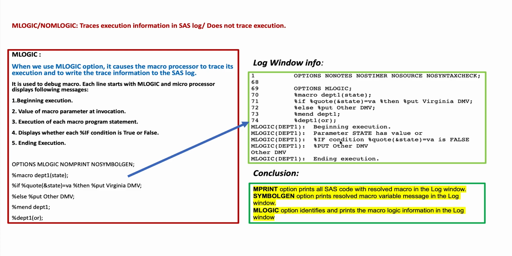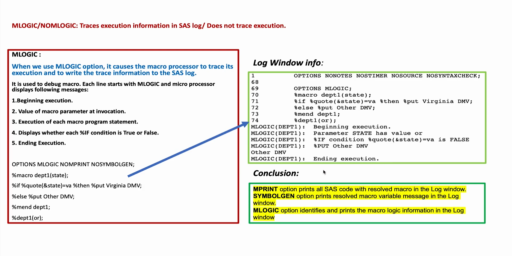Third one is if condition is false. Fourth one is a %put, DMB, that means it is printing other DMB. And fifth one is ending execution. This is the pattern we obtain in case of the mlogic option.